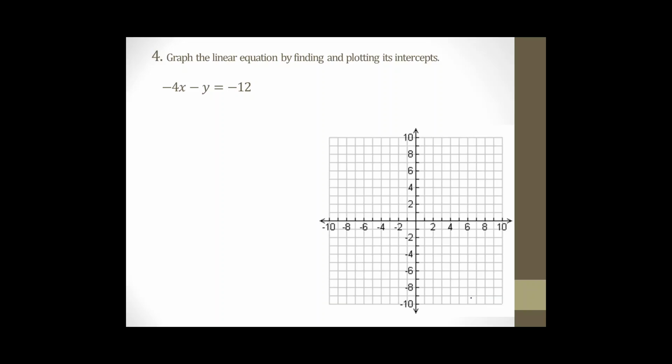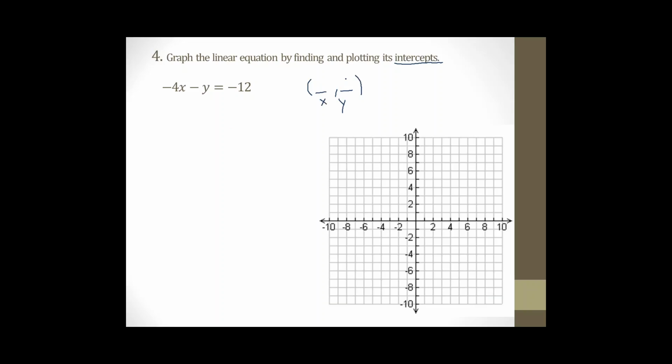Okay, this one is number 4, and it says graph the linear equation by finding and plotting its intercepts. If you are given a linear equation and you are asked for the intercepts, you basically plug in zeros, because for a point on the coordinate system, this is your x value, this is your y value.